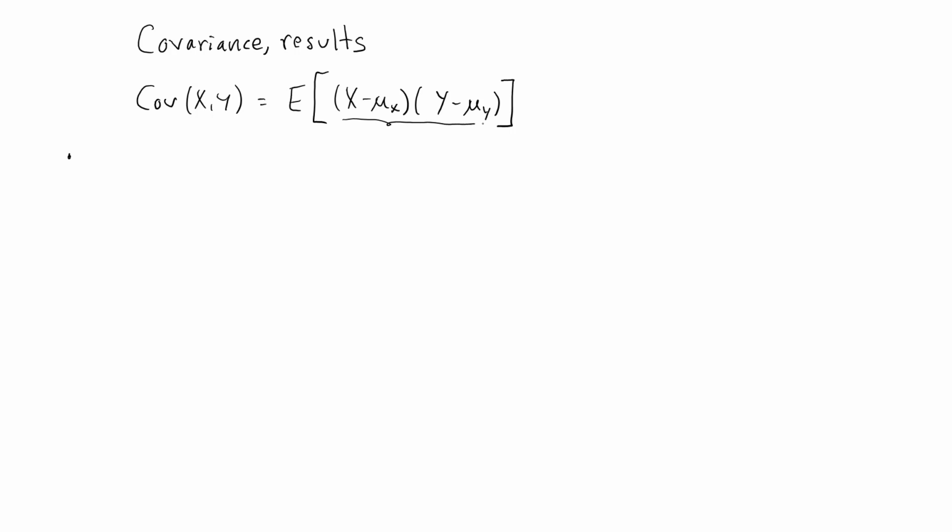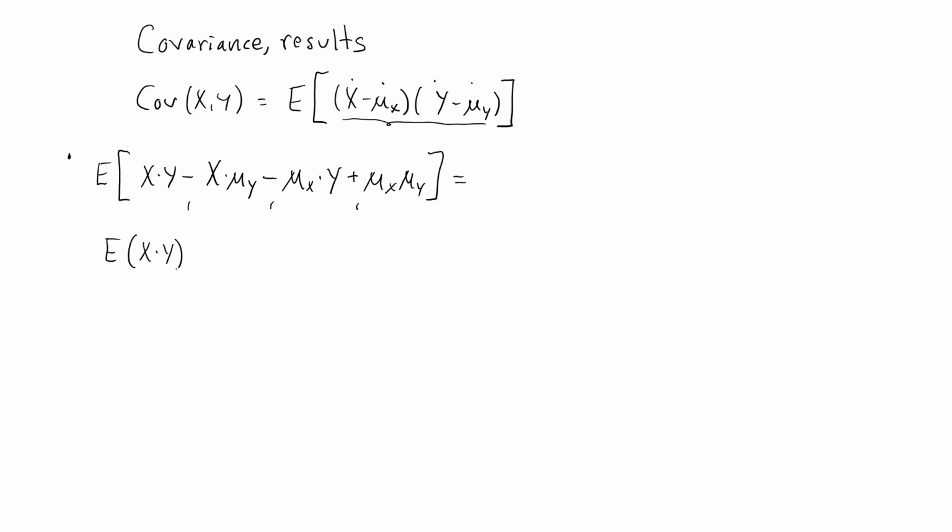If we expand the parentheses inside the expected value, we see that this is equal to X times Y, minus X times mu_Y, minus mu_X times Y, plus the final one, mu_X times mu_Y. Since I have pluses and minuses here, I can move the expectation operator inside.